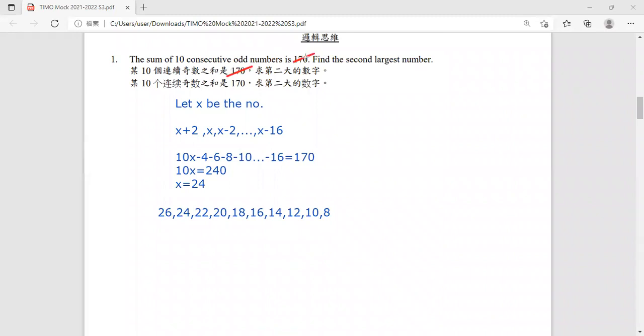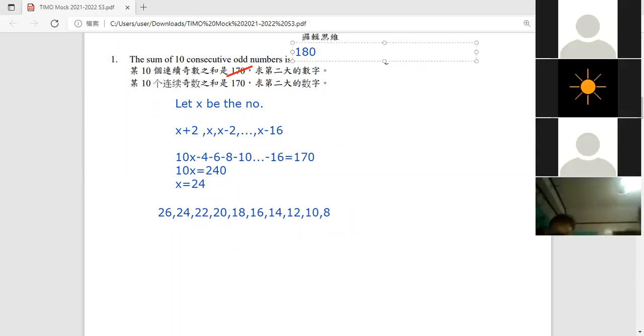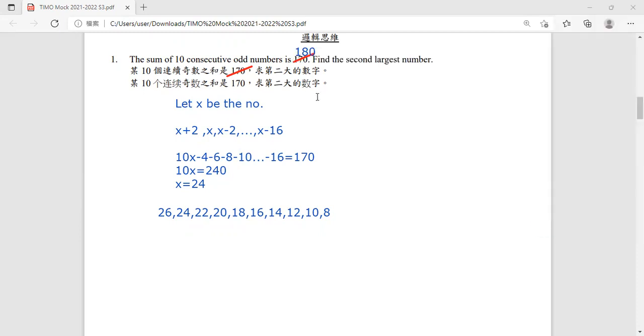So the number should be 180. Then they will be okay. Because it's consecutive odd numbers, if it's 180, then you will get a good answer. It doesn't matter. You just learn the method.